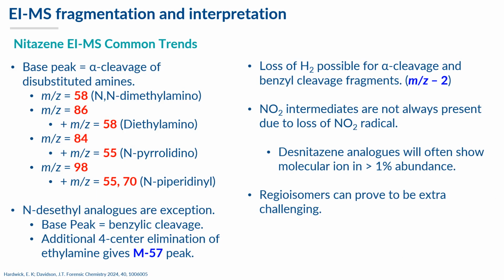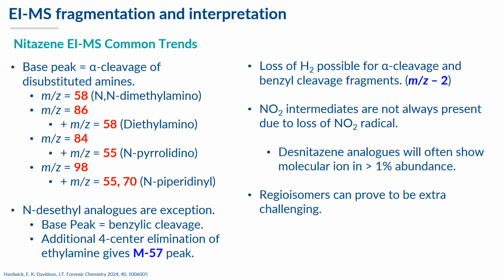In summary, here are the major takeaways of interpreting nitazene spectra. Spectra with a large base peak ion of 58, 84, 86, or 98 are likely the alpha cleavage of a disubstituted amino analog.